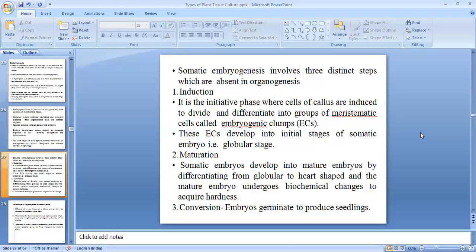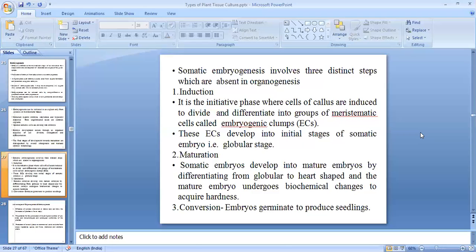Here what happens? The initial globular stage, the cells are globular in nature and they are developed into heart-shaped cells, and they mature into embryo by undergoing biochemical changes and they acquire hardness.